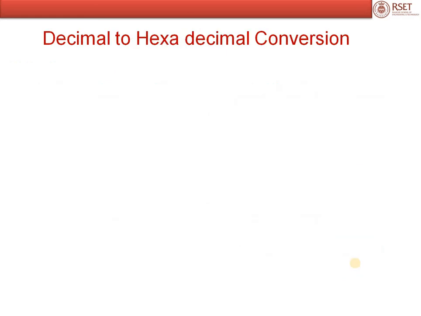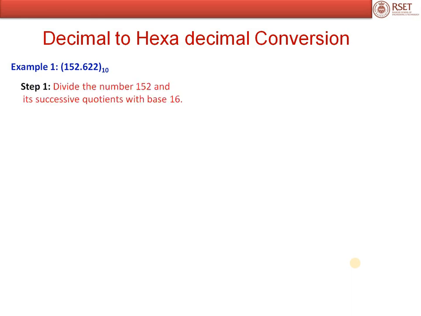Next, decimal to hexadecimal conversion. Considering the same example, this is the hexadecimal conversion. Same process: instead of dividing by 2 or 8, here we divide the integer part by 16 and multiply the fractional part by 16.